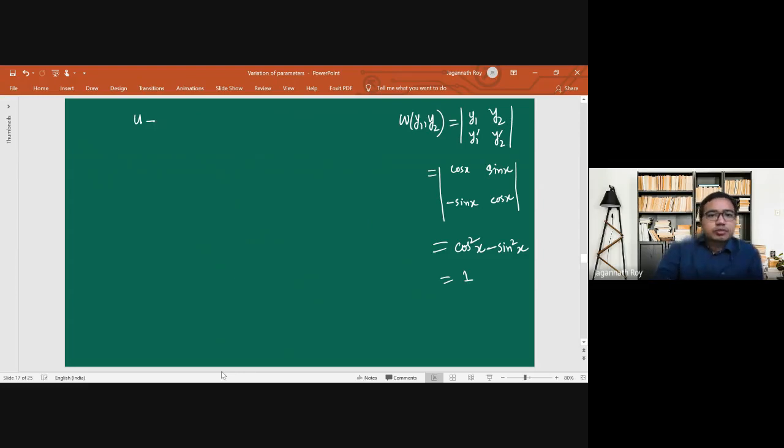Okay. So u is defined by the integral of minus y2 into the right hand side X divided by the Wronskian of y1 and y2, into dx.